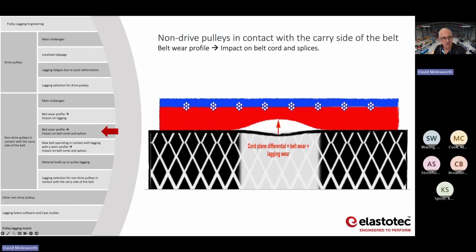If we were to draw a horizontal line across here, the chord plane differential is the belt wear, so this here, added to the lagging wear.